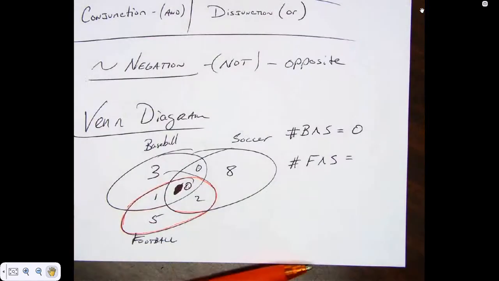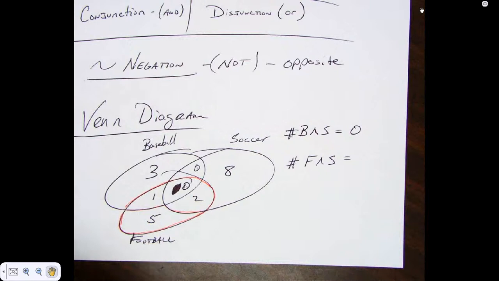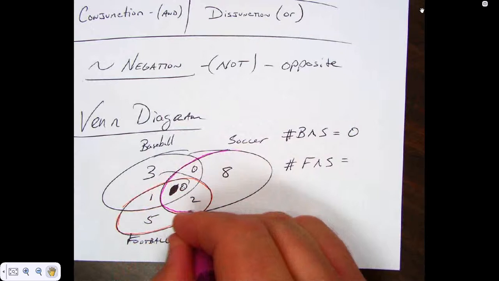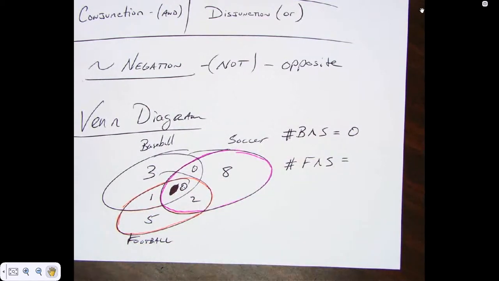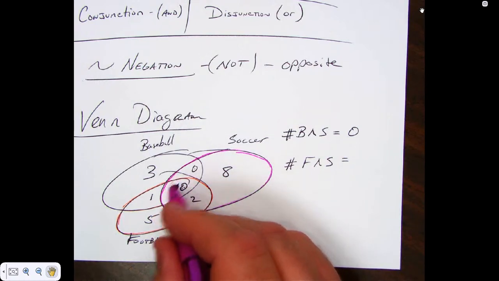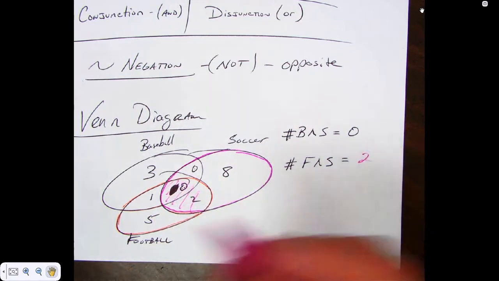Where are our soccer players? Everybody inside of what circle? This circle right here, correct? At what point are they in both circles? Right in here, right? How many players are in there? So there's your answer.